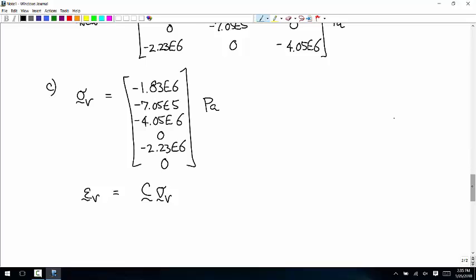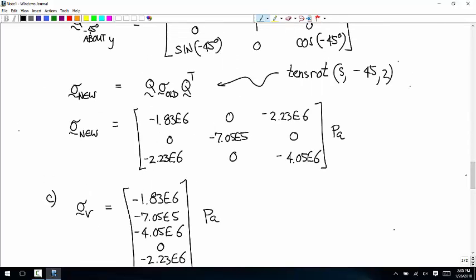Oh, and it asks something about the stress cube. So we have a compressive stress along the x-axis of 1.83. I'm going to do these all in megapascals because I'm out of room. The y direction, that's compressive because it's negative. So 7 point, nope, that's times 10 to the 5.